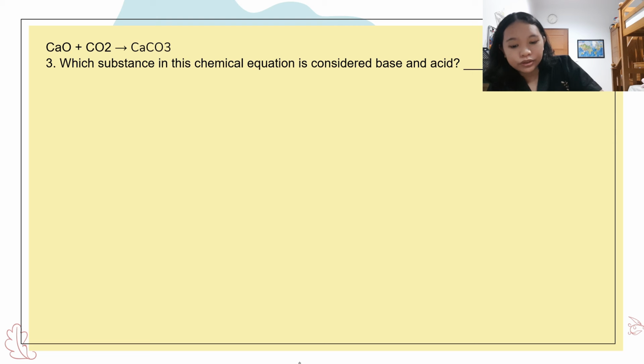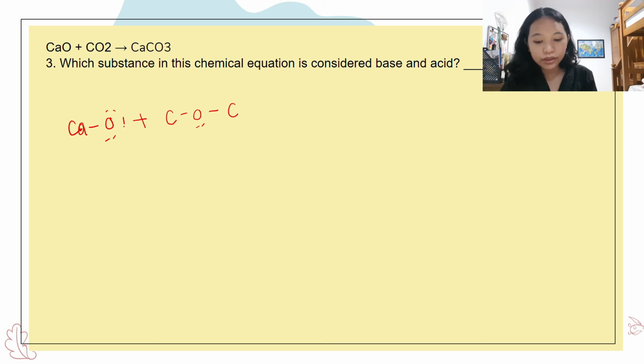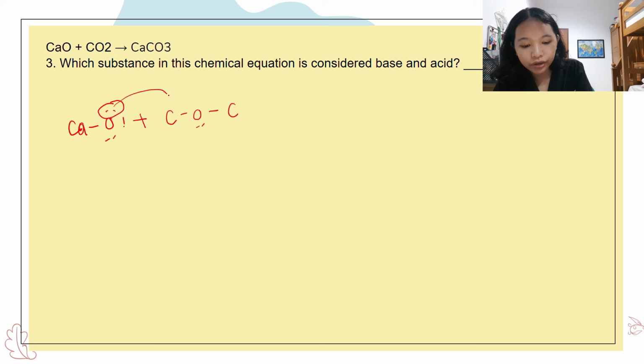Let's draw the Lewis structure first. So Ca, and then O. Ca plus Ca2, which is C, and then O and C. Okay, so as we can see here, calcium oxide has 2 electrons that it's willing to share with carbon dioxide.